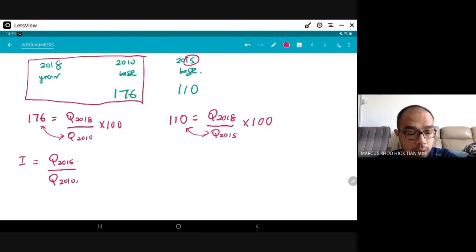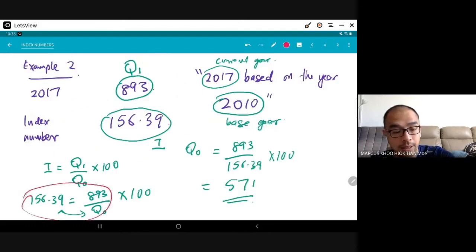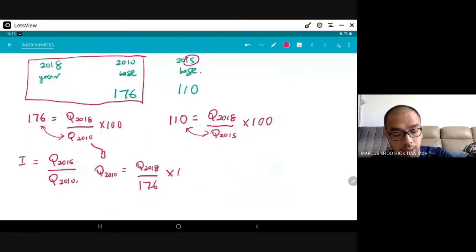So this one now will become Q 2010 equals 2018 over 176. We're doing the same thing as what we did just now with this, remember? Times 100.